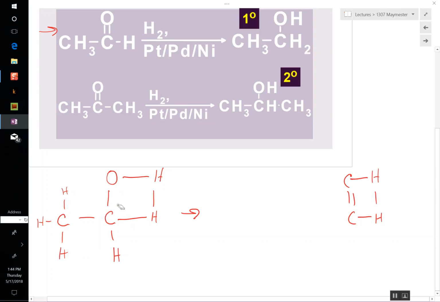Remember I said you have these electrons in here and form these 2 new bonds. So what are you going to get here? An OH group.